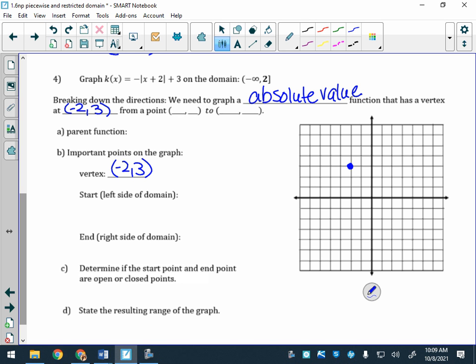Okay. And they're only giving me one x value to check out. But we could check out as many x values as we want. What does this mean? Yep. So we're choosing values less than, right? Okay, good. So we could start with 2, x equals 2, because that's the one given to us. We know our vertex is negative 2, 3.